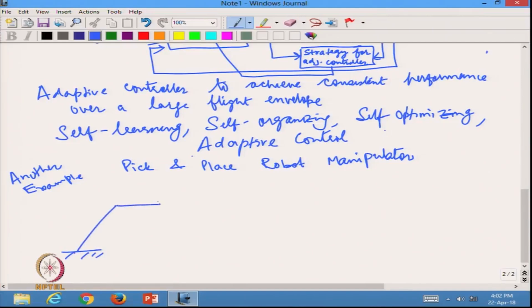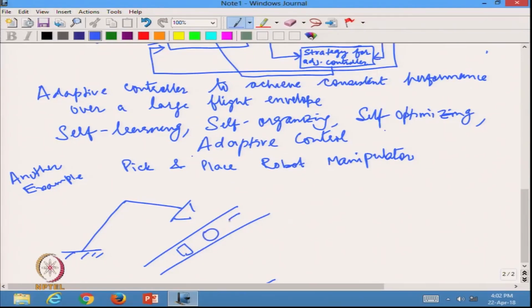Let us consider the stick diagram of a robot with a gripper at the end, and it is lifting objects on the conveyor which come in different shapes and sizes and different mass distributions, and then say we have an object at the end effector.